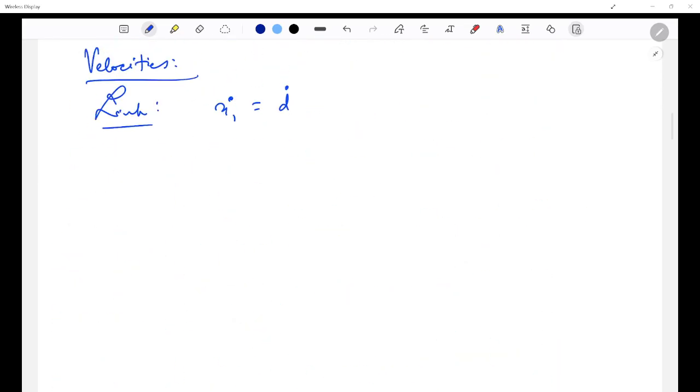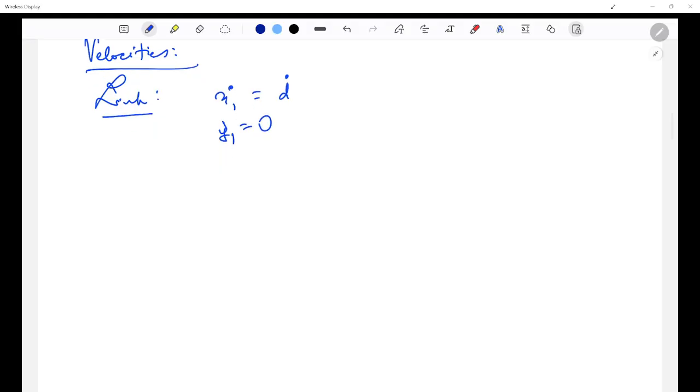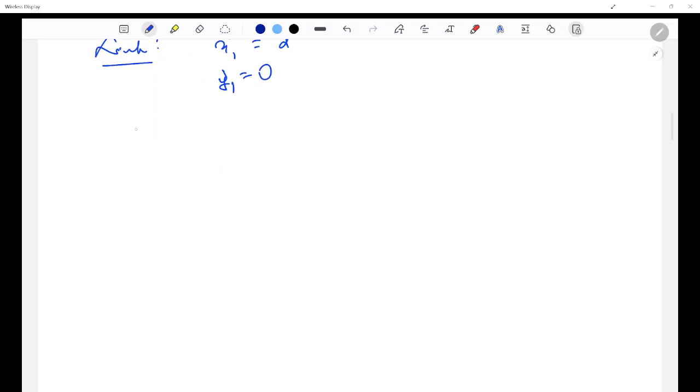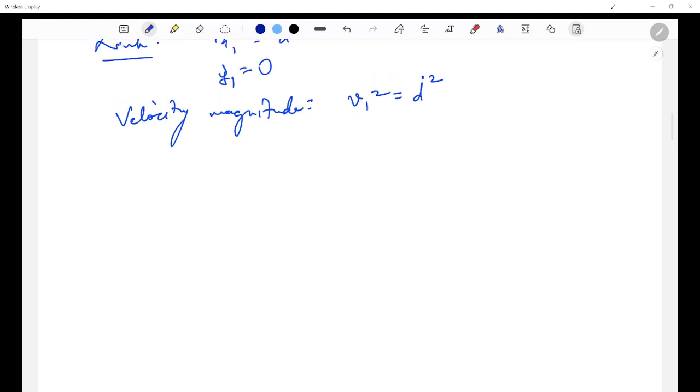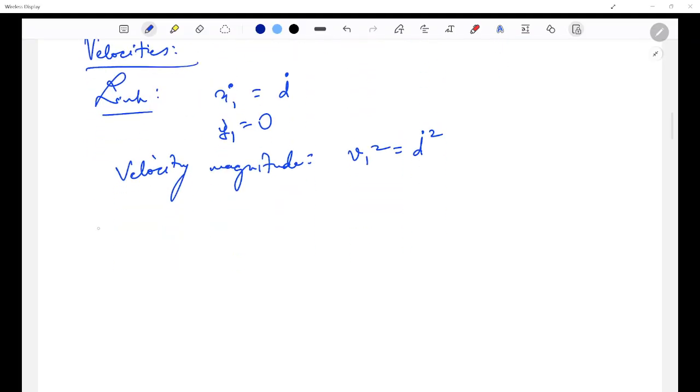And y1 dot is again 0. So what is the velocity magnitude? v1 square is equal to d dot square. So it's just being satisfied.